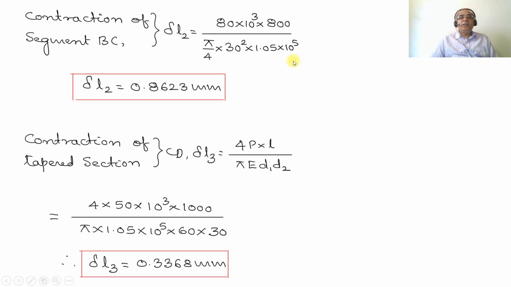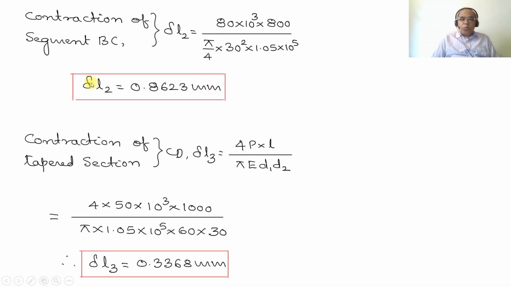So that is what I have written here. Delta L2 will be 0.8623 mm.